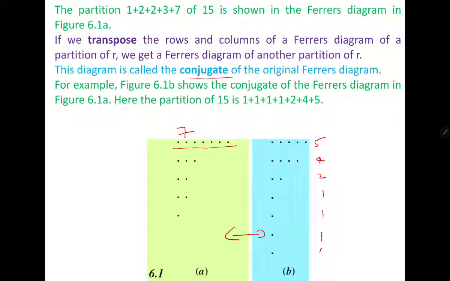So here we haven't computed the generating function to show that the coefficient of x raised to the power r is equal in both cases. Instead, we show that each solution where k is the largest has a one to one correspondence with a solution where it has been partitioned into 7 items.